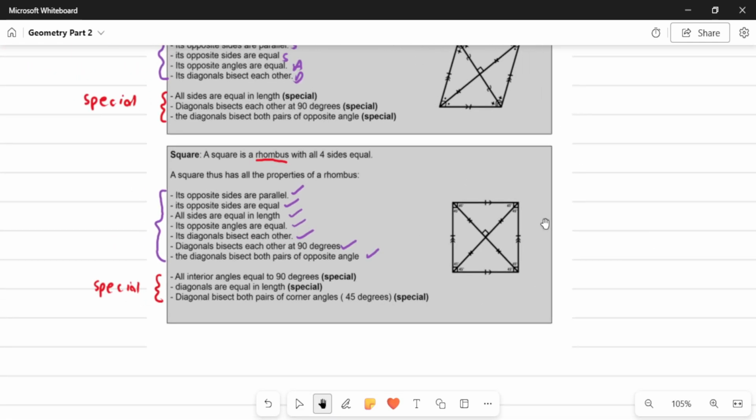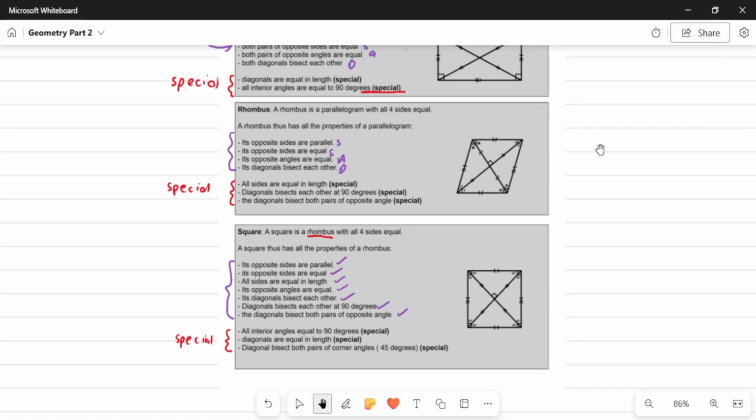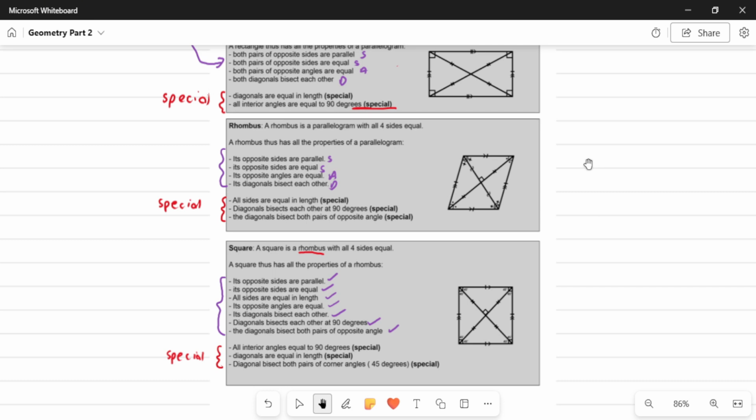Okay, so now that we understand all of this here, right? Right, so let me re-emphasize the point of what we've done thus far. These are properties that we can make use of only if we know that the figure is specifically a square. Only if we know that the figure is specifically a rhombus. Because if it is a rhombus, we can make use of all of these properties.